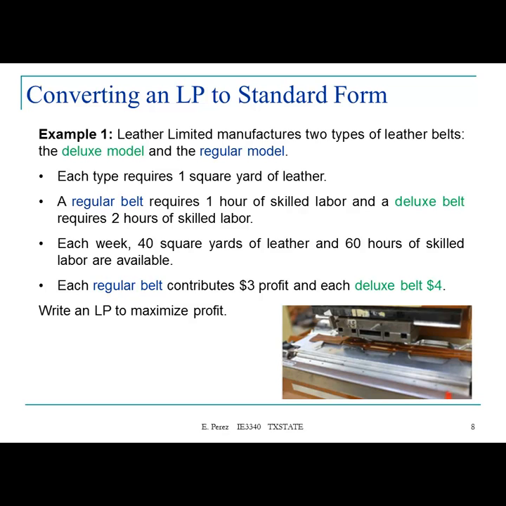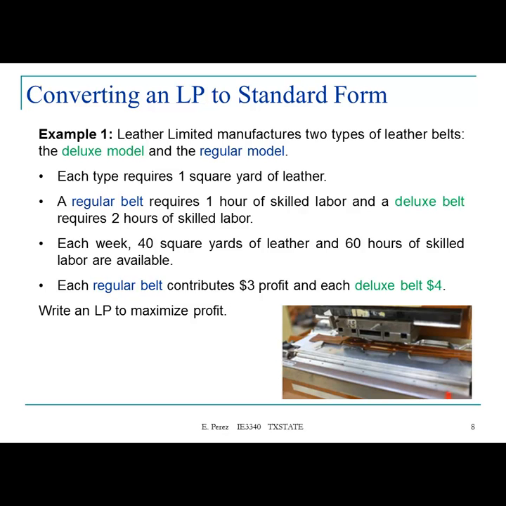Each week we have 40 square yards of leather and 60 hours of skilled labor. So we have two restrictions, one for the labor and one for the material. We know the requirements for each type of belt, and we also know the profit for each type: $3 for a regular belt and $4 for a deluxe belt.